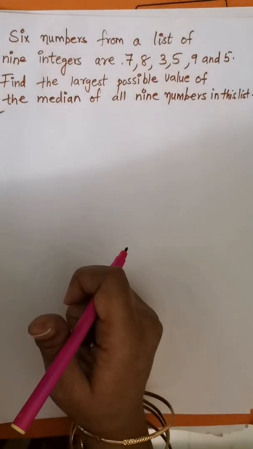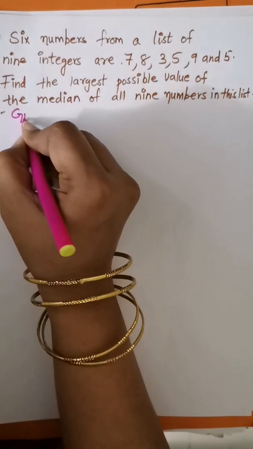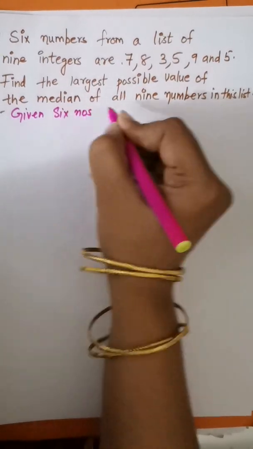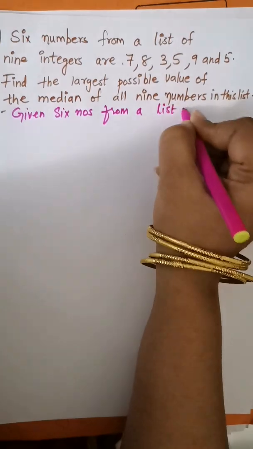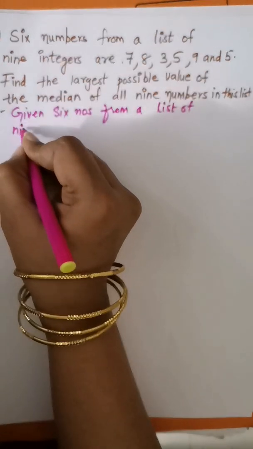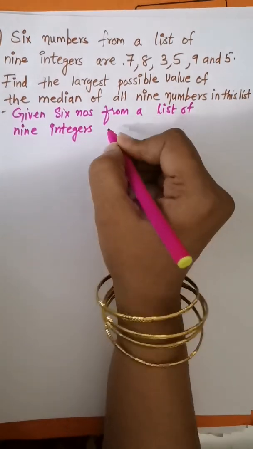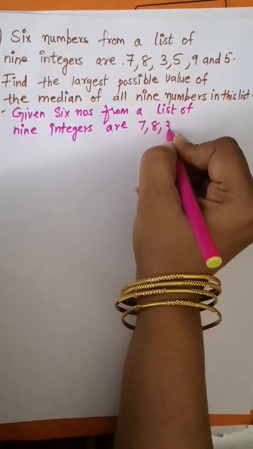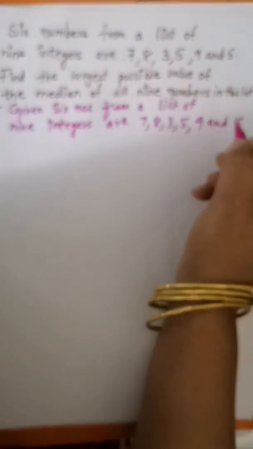Six numbers from a list of 9 integers. What is given? Given 6 numbers from a list of 9 integers are 7, 8, 3, 5, 9 and 5.